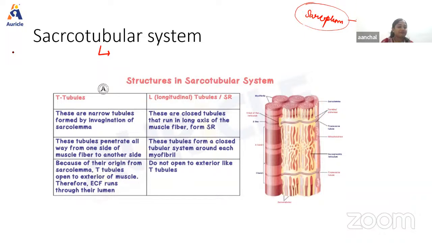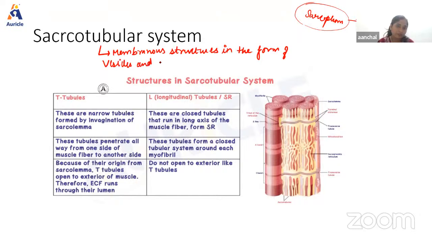Okay. So the sarcotubular system is a system of membranous structures in the form of vesicles and tubules in the sarcoplasm of the muscle fiber, okay?